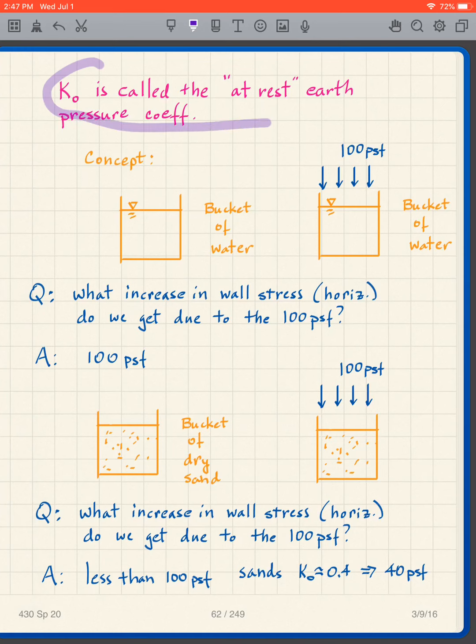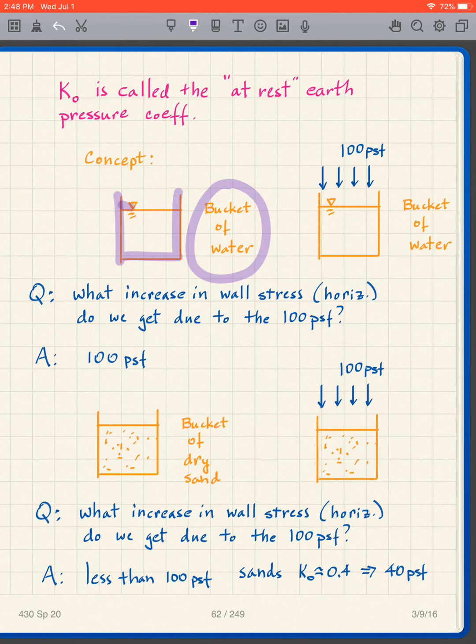K0 is called the at-rest earth pressure coefficient. What's the concept of this? Suppose I have a bucket of water. So here's my bucket, and it's just water in here. Okay, so you've all experienced this one. Now, I'm going to take that and I'm going to apply 100 pounds per square foot at the surface of my water.